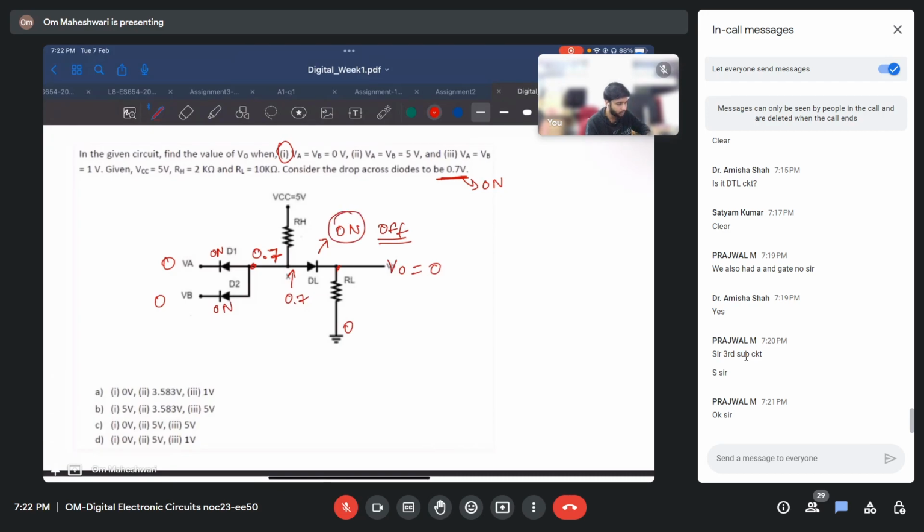Now when this is on, this whole 0.7 will drop across this to turn on this voltage. Then again, this V out will remain 0. So in the first case, we have V out equal to 0. Is this first case clear?